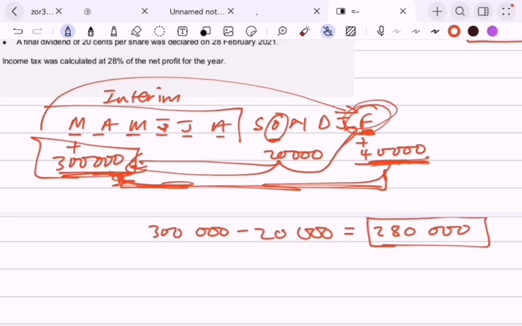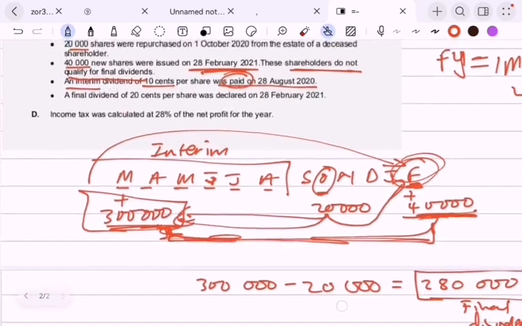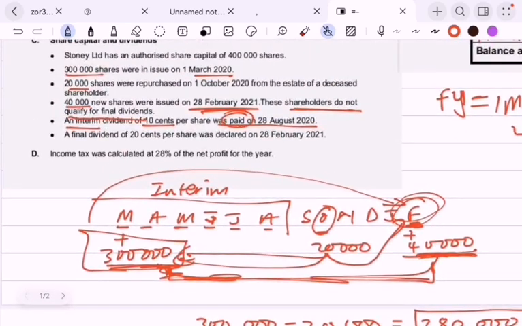These are not issued, but they qualify for final dividend. Now, let's go check what they are saying to us. They said a final dividend of 20 cents per share was declared, not paid. It was declared. So if it was declared, then you already know this is a liability, meaning this is payable.